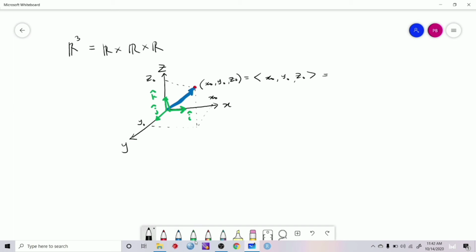So we may write x naught multiplied by i hat plus y naught multiplied by j hat plus z naught multiplied by k hat.